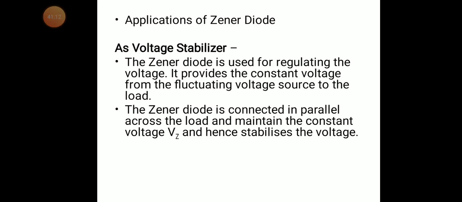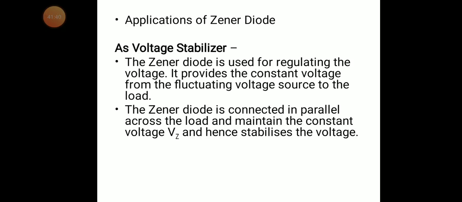How can we connect it? The Zener diode is connected in parallel across the load. We need to connect the Zener diode to maintain the constant voltage Vz, and hence stabilize the voltage.